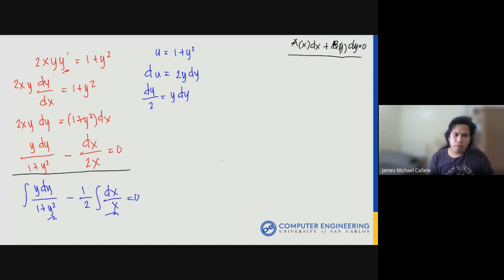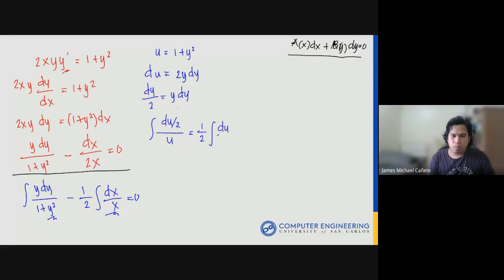How do we annotate this? For this term, this is our partial compartmentalized solution. We can have the integral of y dy, which is equal to du over 2. The denominator is equal to u, then write 1/2 outside.